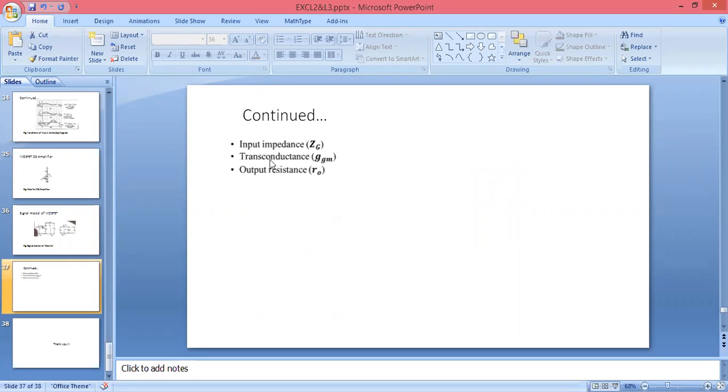These three, input impedance, transconductance, and output resistance, are useful in the signal model of MOSFET. We can derive the values of input impedance, transconductance, and the output resistance in the signal model.